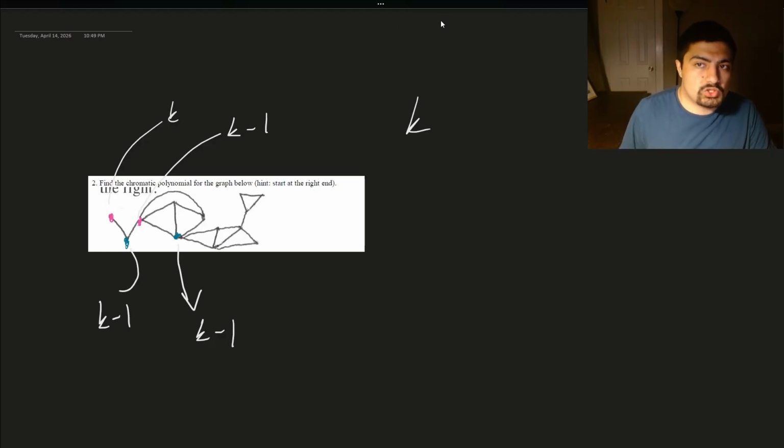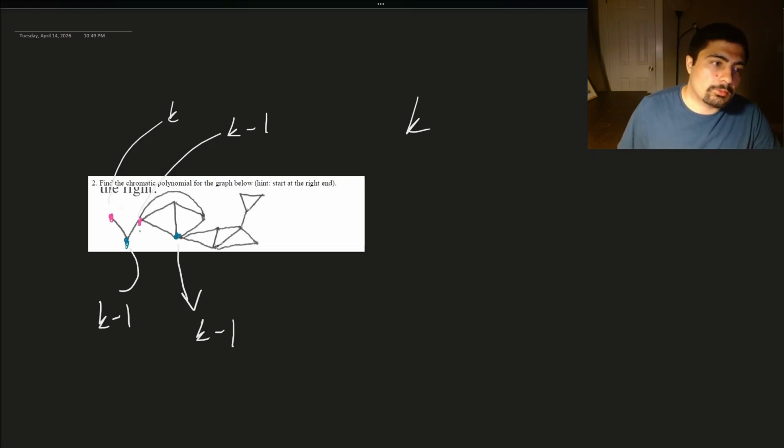But now, please notice, we have a problem. If I want to go to this vertex, I cannot use pink or blue. The reason is simple: both pink and blue are adjacent to this vertex.